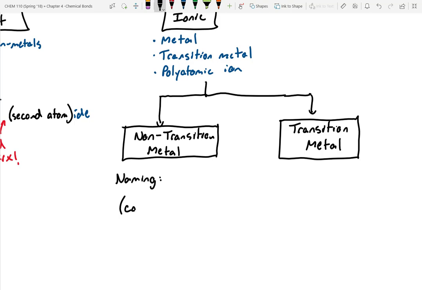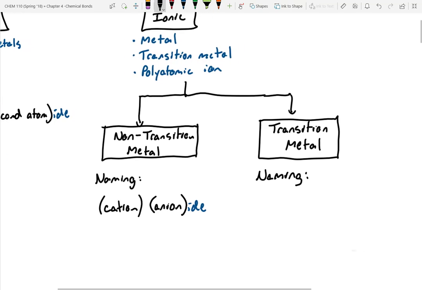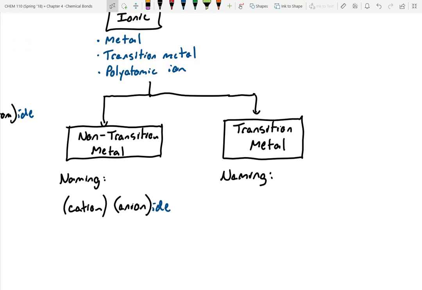It always goes cation, space, anion, with an IDE suffix, versus the naming for a transition metal. What was different? Yeah, we had to have a Roman numeral. And I'm just going to abbreviate the Roman numeral as the number that corresponds to it. And then we go anion with an IDE suffix.